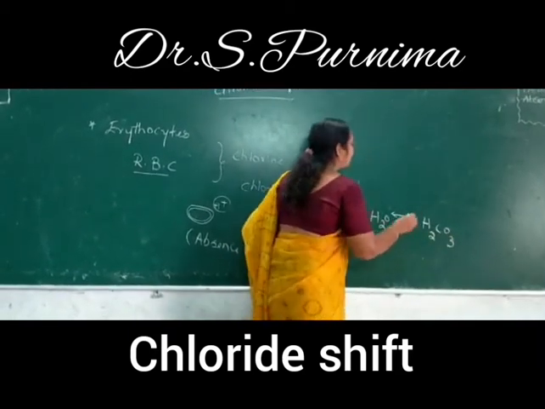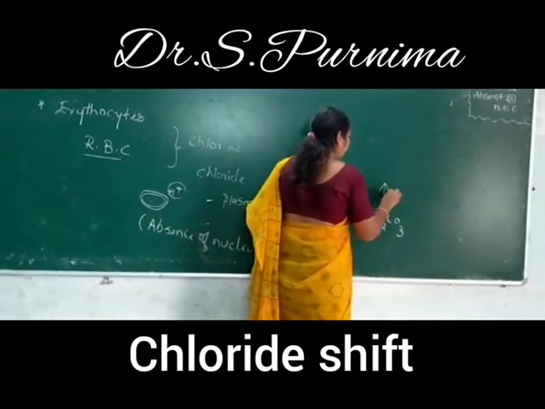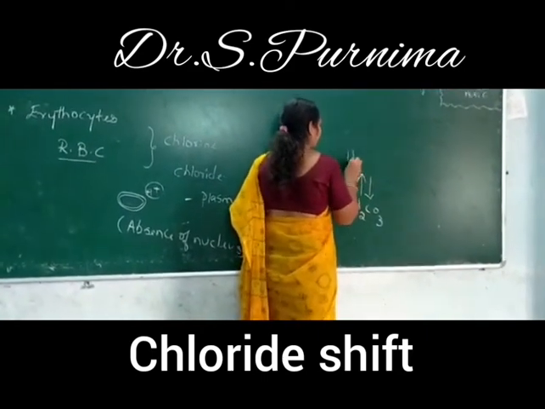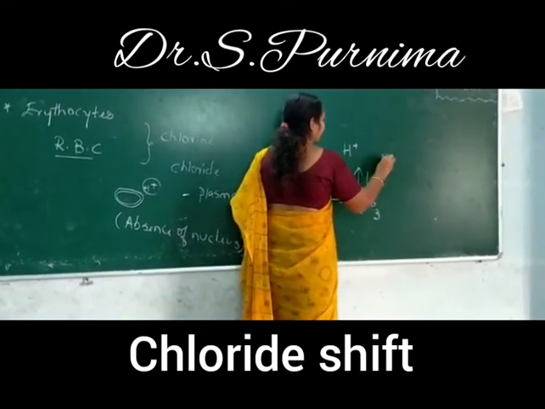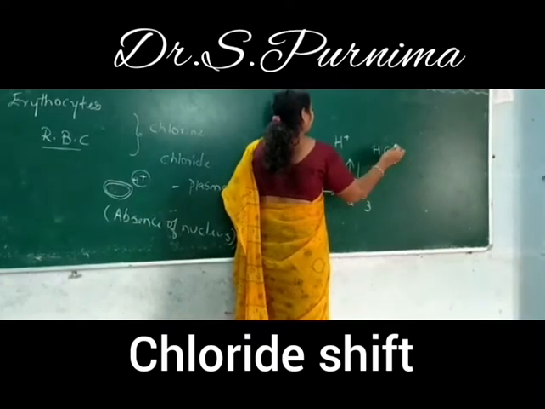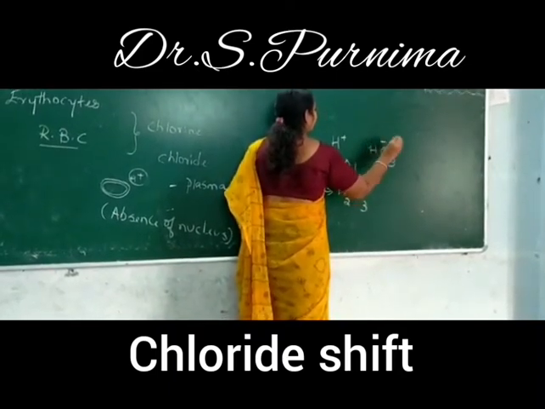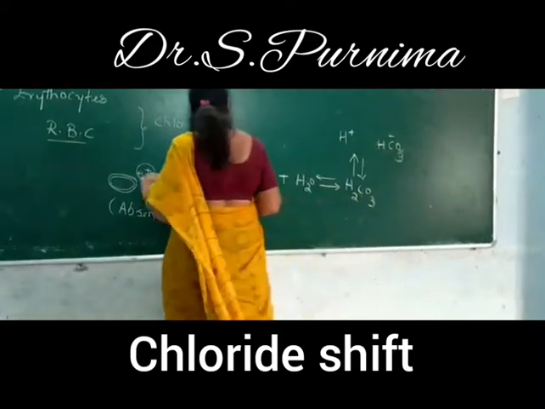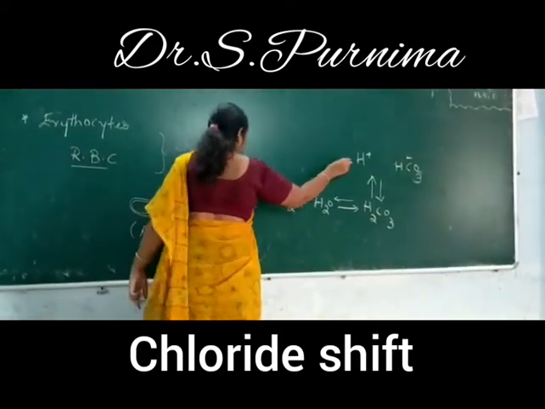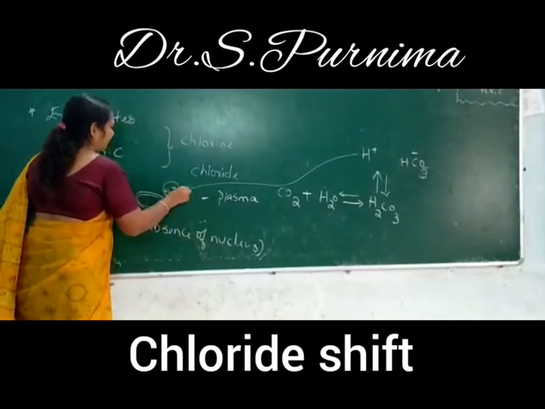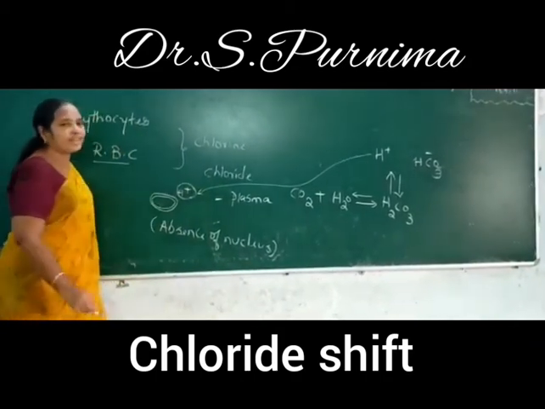This is further split, or dissociated, into H plus and HCO3 minus. So, what is happening when HCO3 minus is there? That is bicarbonate.